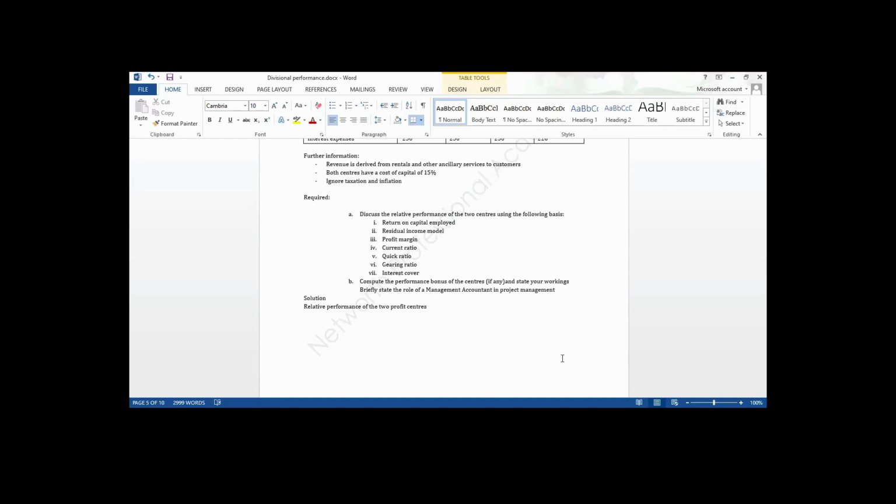You can use long-term debt divided by equity funds, or long-term debt divided by long-term debt plus equity funds, multiplied by 100. Any of these can be used.